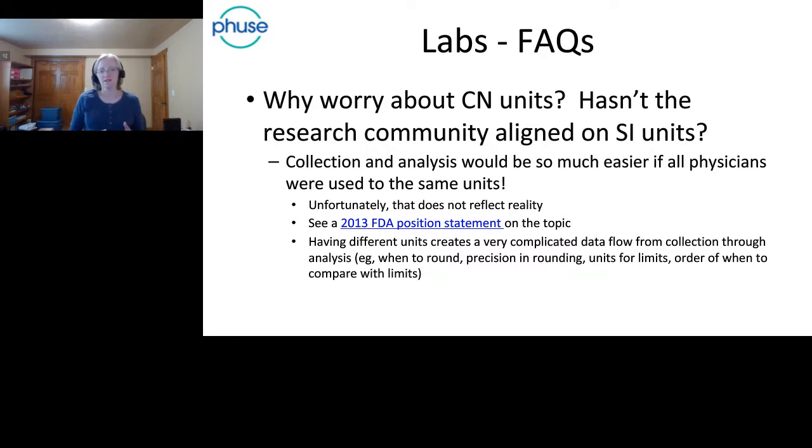So feel free to have these discussions with your regulator representative and see what they might feel comfortable with. Unfortunately, we are still in this world where we might have to allow for both units, or have some data provided in both units. We do have recommendations where the same display can have both units on a legend, so you're not actually creating two different displays. You might be able to handle both units in a legend, and we do have examples of that in the white paper.